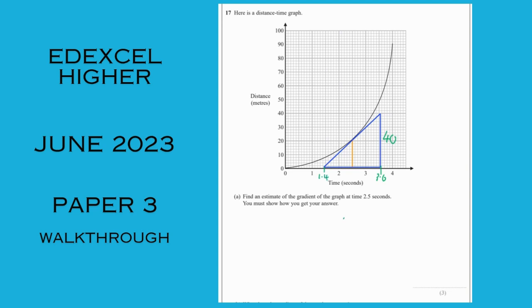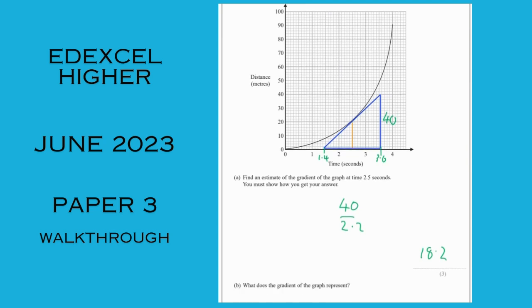So the gradient for me is 40 divided by 2.2. So I'm getting 18.2. Give or take will be a right answer as long as it follows through from your graph.